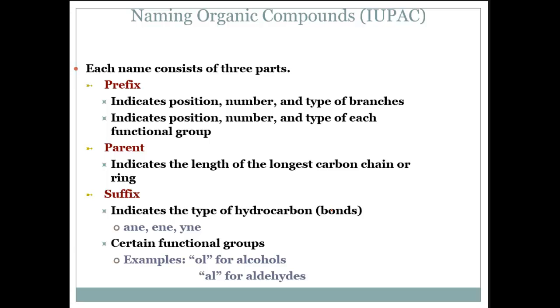The parent indicates the length of the longest chain of carbons, or the ring of carbons. And the suffix indicates the type of hydrocarbon bonds: ane, ene, or yne. Certain functional groups are also indicated with a suffix, with ol for alcohols and al for aldehydes, which once again you'll be learning more about in future tutorials.